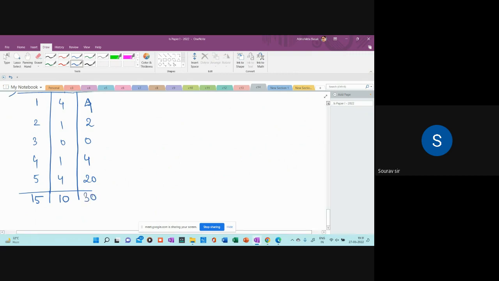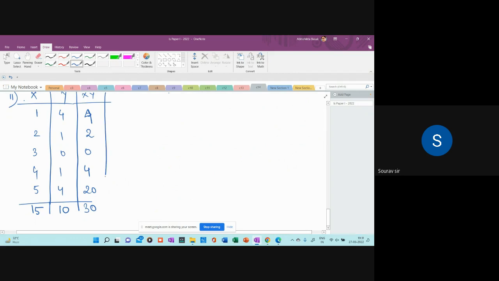Okay, so if I am doing something wrong, please check the calculation and just let me know. We need to find the covariance of xy, that is 1 by n summation xi yi minus x bar y bar. Here n is 5, x bar is 15 by 5, that is 3, y bar is 10 by 5, that is 2.